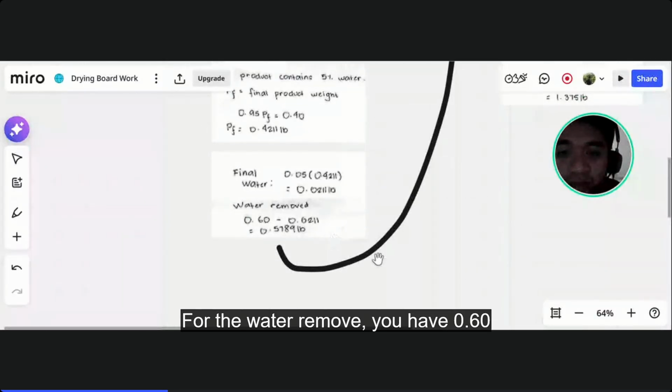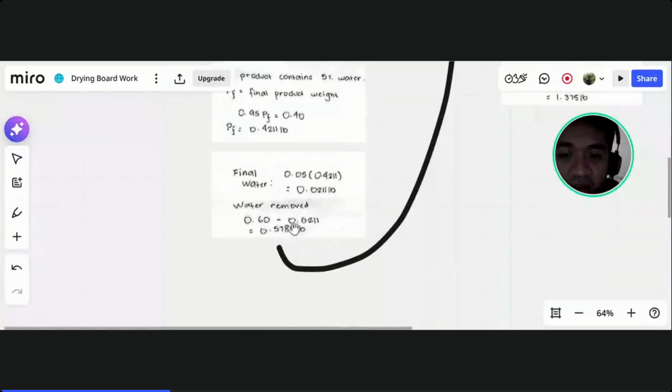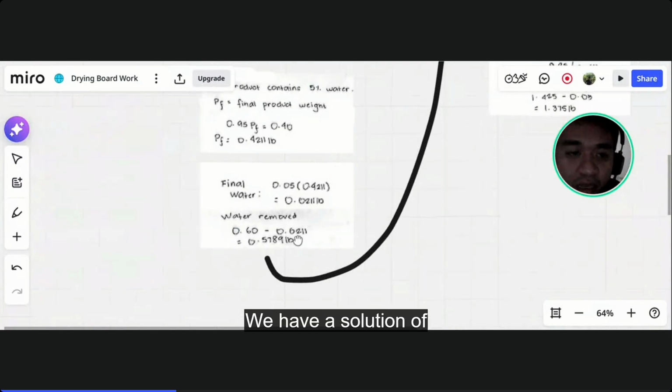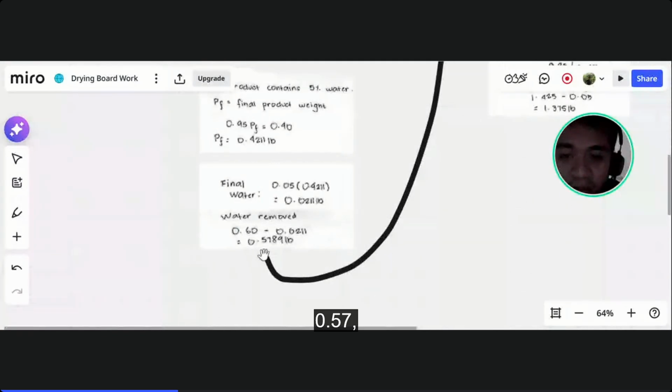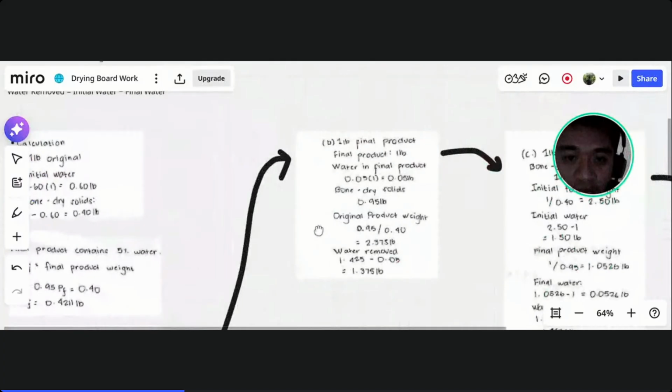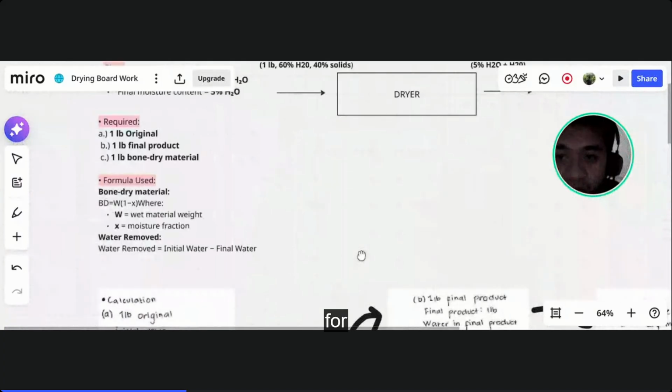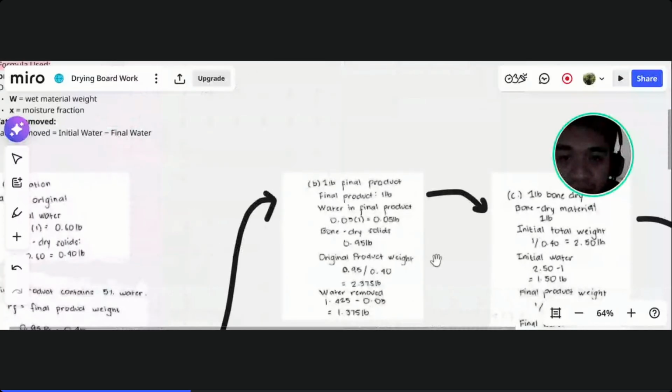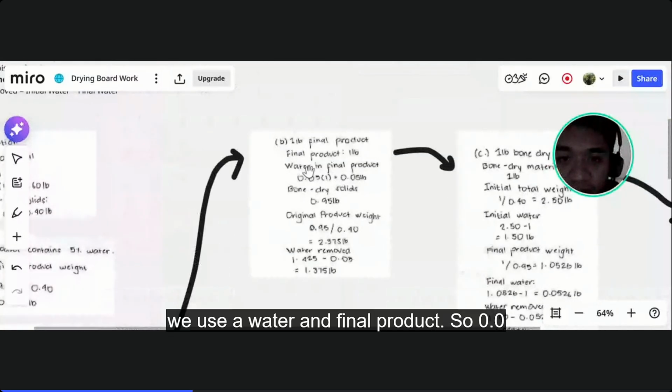For the water removed, we have 0.60 minus 0.0211, so we have a solution of 0.5789.